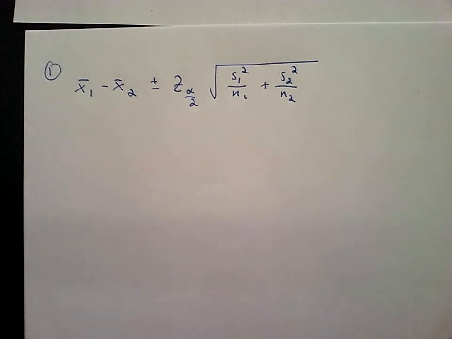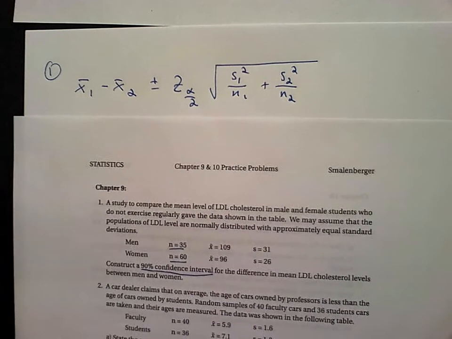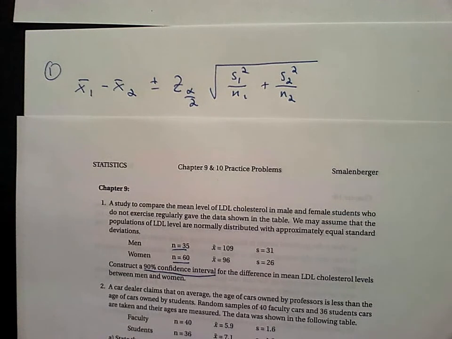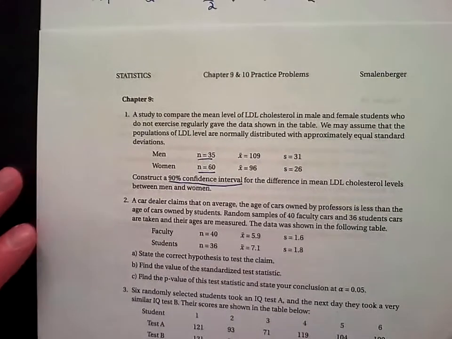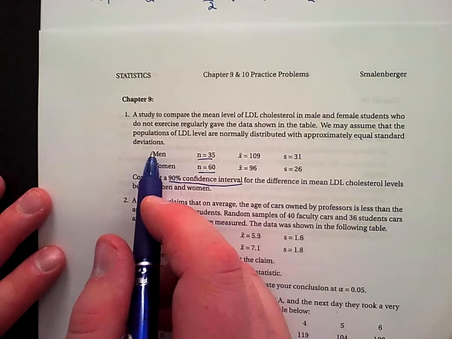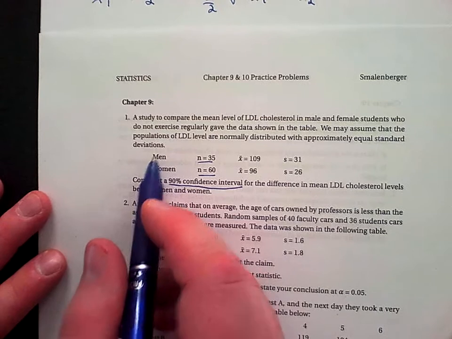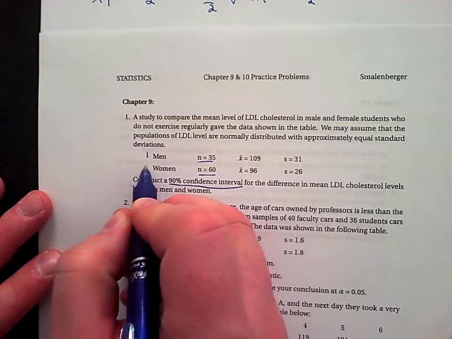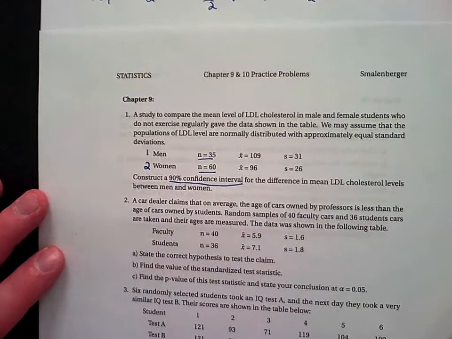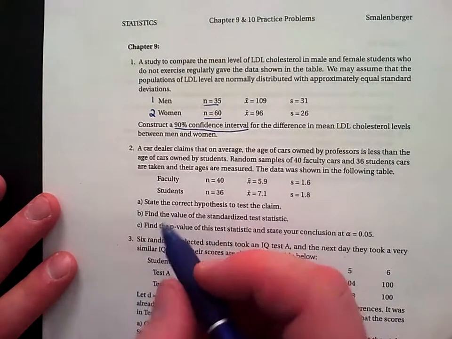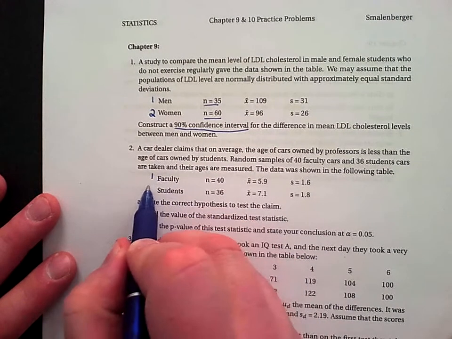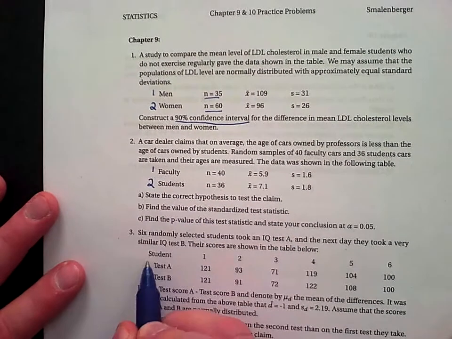Real quick, sometimes the question that I get is, which one are we calling x bar 1 and which one are we calling x bar 2? The easy way to do these problems is this. Just start at the first group, call that group number 1, and then go down to the next group and call that group number 2. If we foreshadow the next questions, faculty would be 1 and students would be 2.